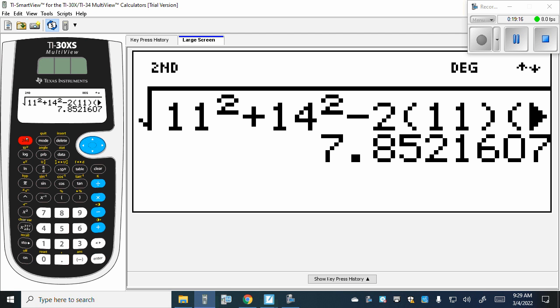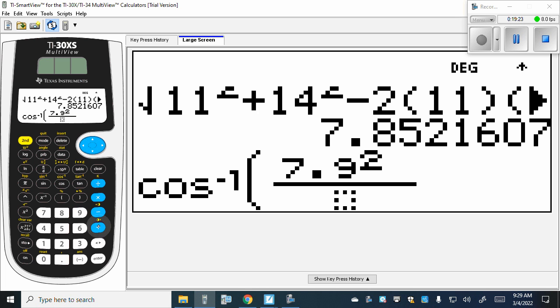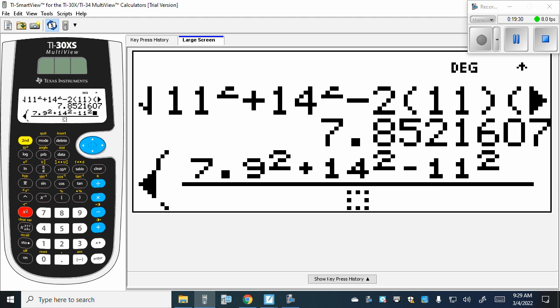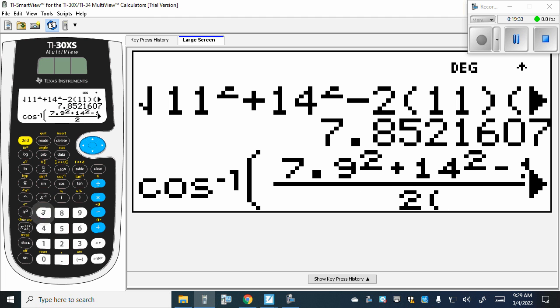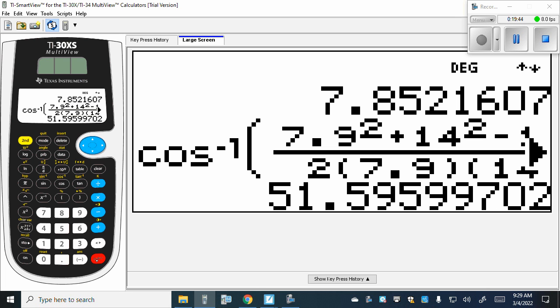So we can say second cosine inverse fraction, 7.9 squared plus 14 squared minus 11 squared over 2 times 7.9 times 14. And that's it.